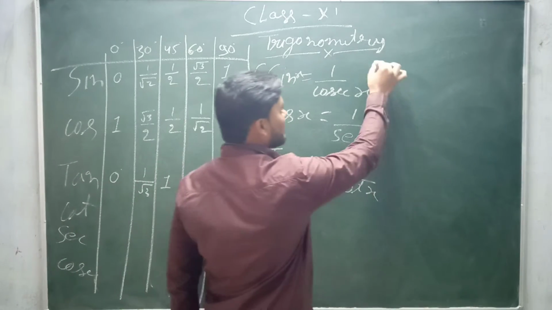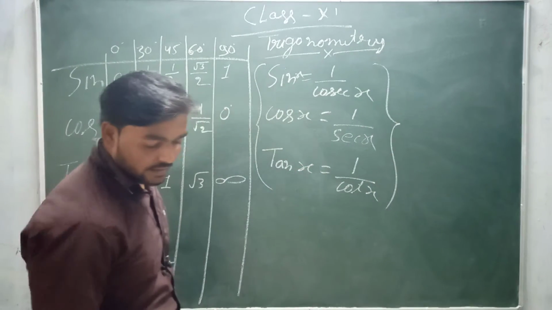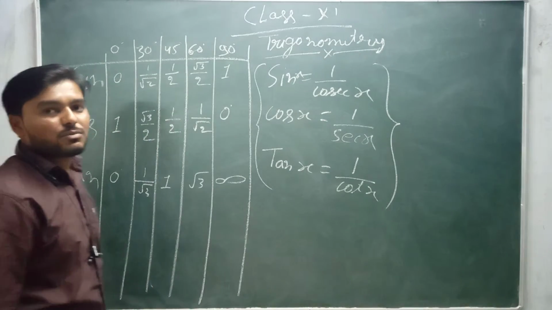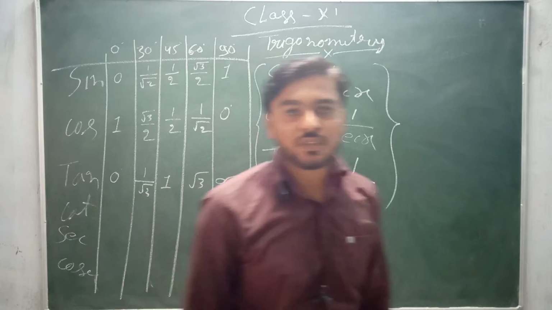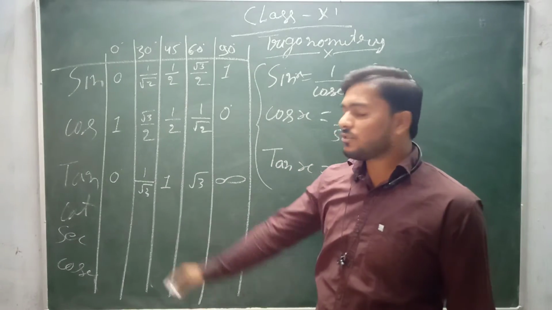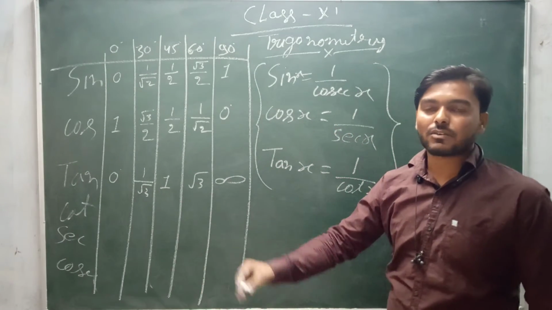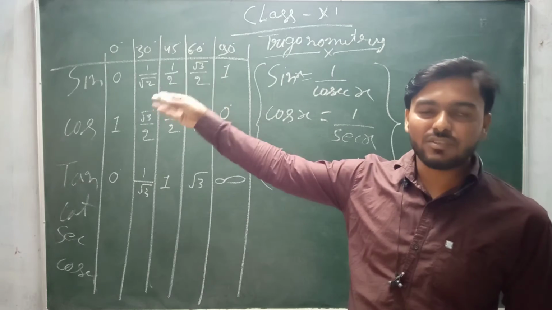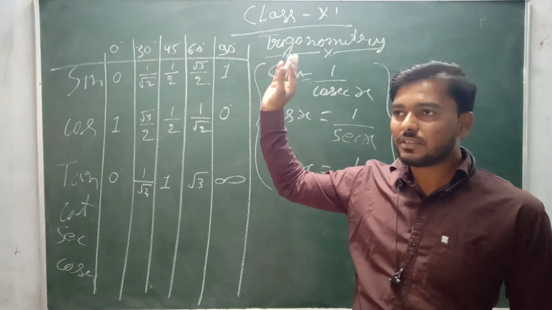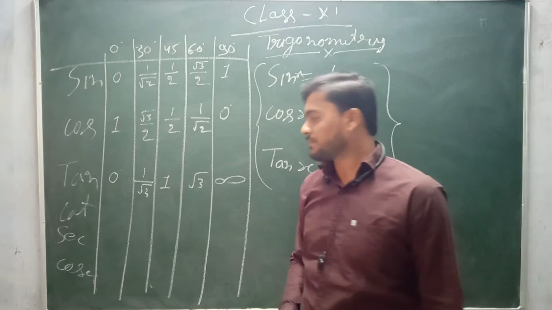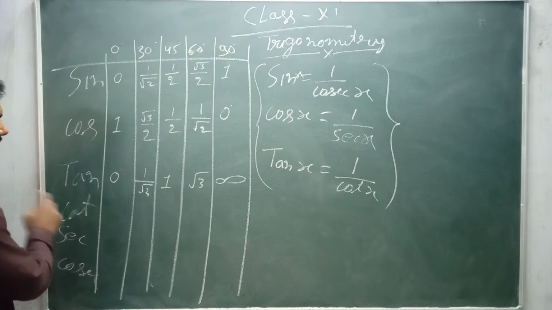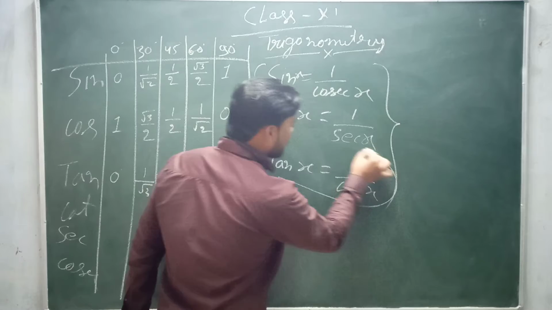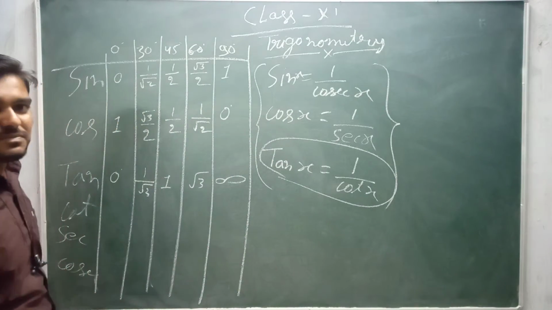These are the relations in our six trigonometric functions. From these relations, we will write the values of cot, sec, and cosec for 0, 30, 60, 90, and 45 also. Now, cot values: tan and cot are reciprocal of each other.